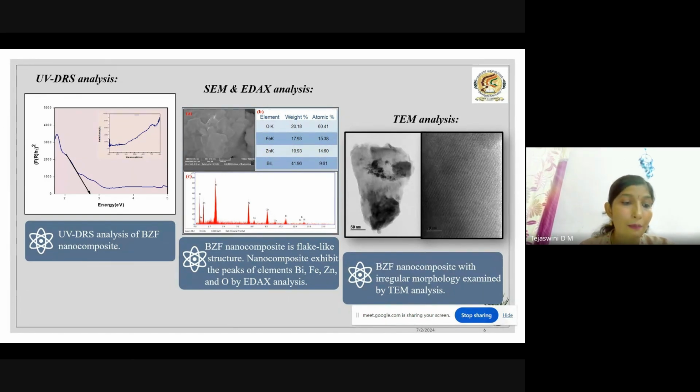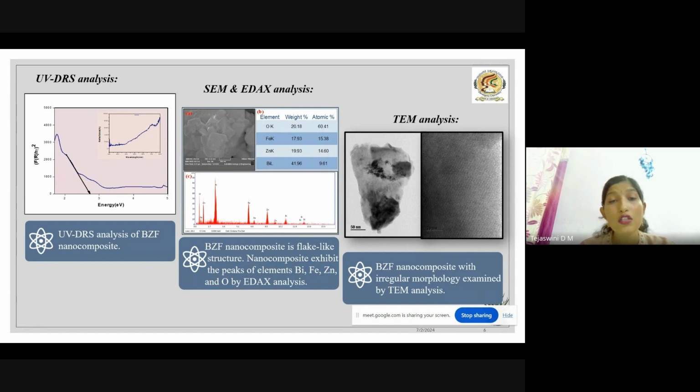The optical band gap, that is Eg, of the synthesized nanocomposite is very crucial to know the absorption of light behavior. Using the Kubelka-Munk theory and Tauc plot, we computed the energy band gap, which is found to be 2.73 electron volts for the synthesized BZF nanocomposites.